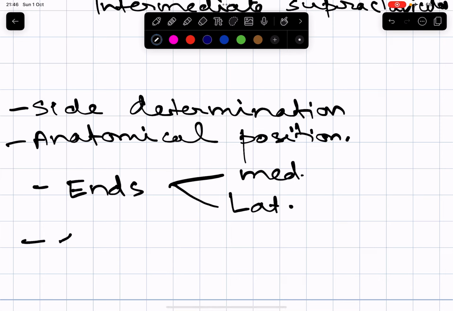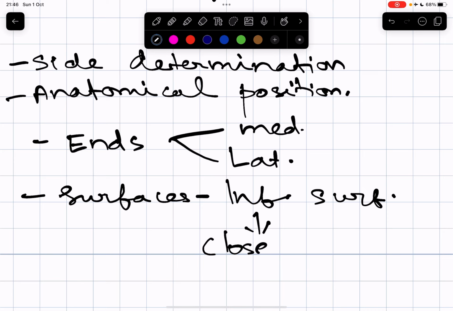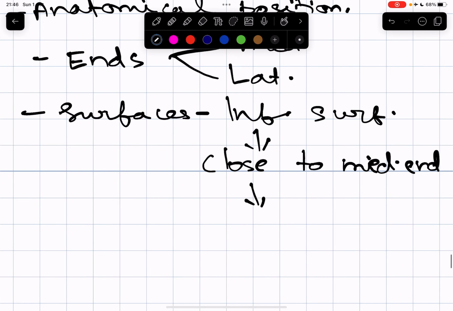Then the surfaces, you also have to look at the surfaces. On the inferior surface, close to the medial end, it presents a small depression. This depression should be inferior.